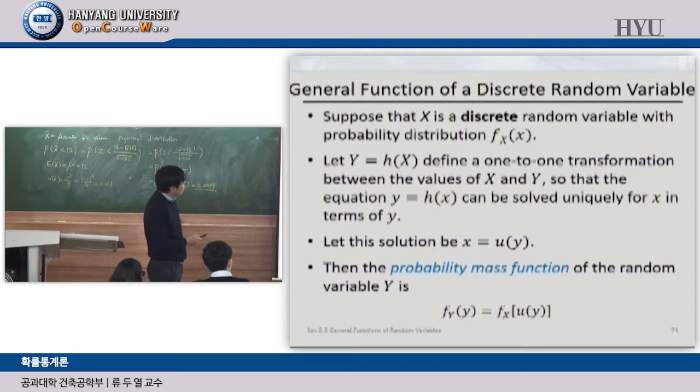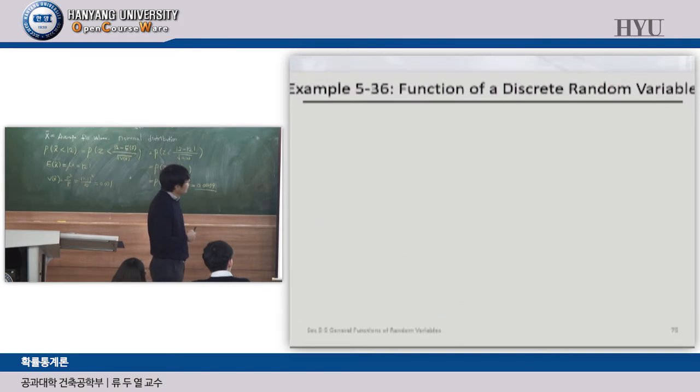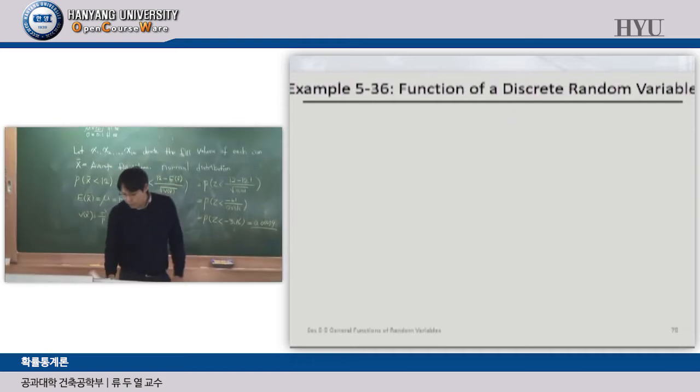So in the example, the probability mass function f(x) is given, and y = h(x) is also given. So for this case, we can calculate the probability mass function in the case of the general functions. And this is the example, and you can understand based on this example.